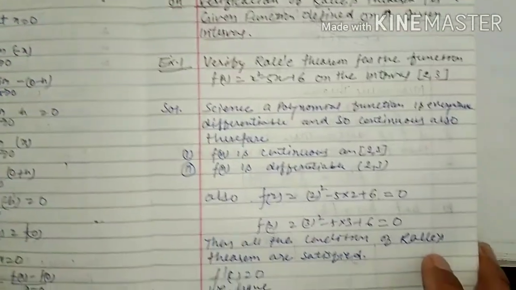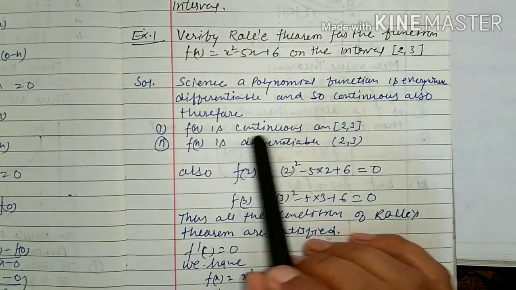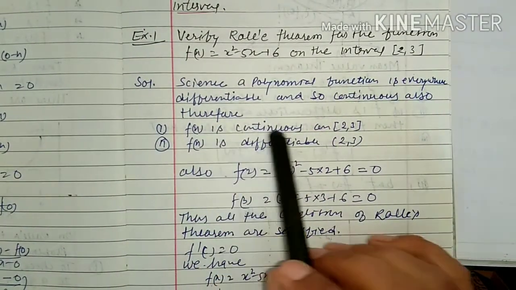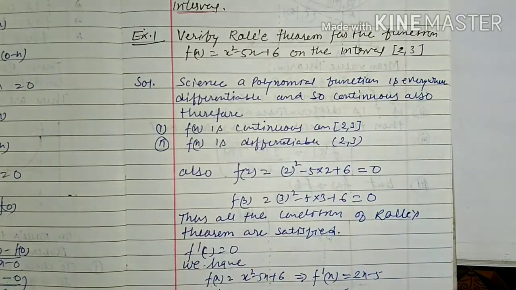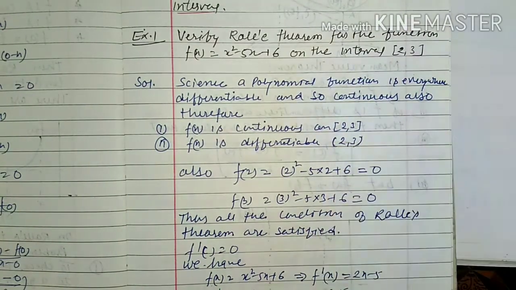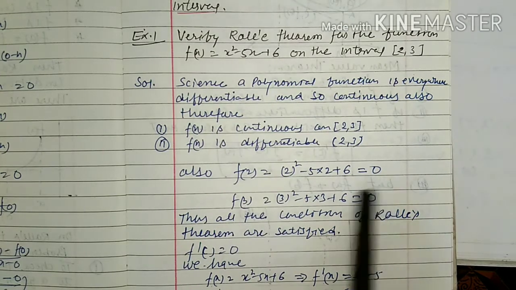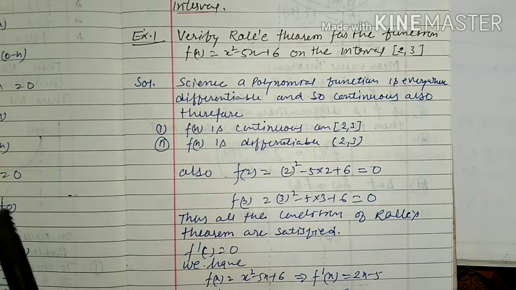Clear? So this polynomial function is continuous and differentiable. So we can directly say that f(x) is continuous on the closed interval [2, 3] and differentiable on the open interval (2, 3). So f(2) is equal to 0 and f(3) is also equal to 0. So f(a) is equal to f(b).